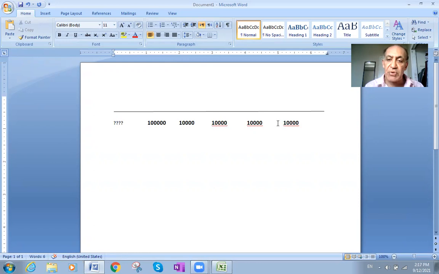So what we want to do now is to calculate these 10,000 amounts at the present moment. 10,000 plus 10,000 plus 10,000 plus 10,000 plus 10,000 is 50,000. But this is not 50,000 now. They are 50,000 after a period of time.